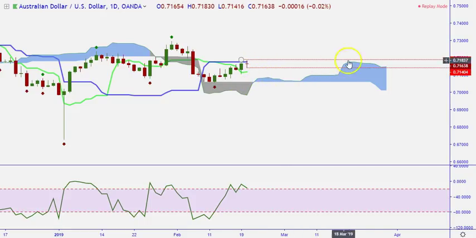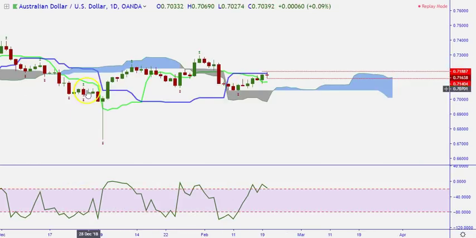I still think the cloud here got out of whack because of the big move we had here, so we didn't see the change of direction. Really, you're flat here, right? So I lined this up and said that we had a head and shoulders here.